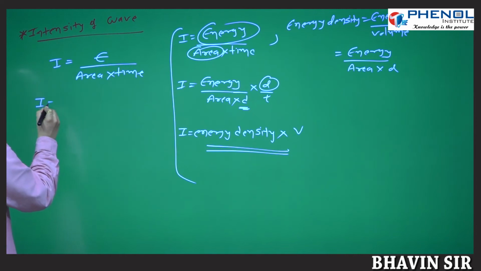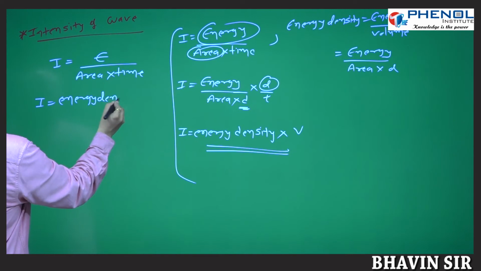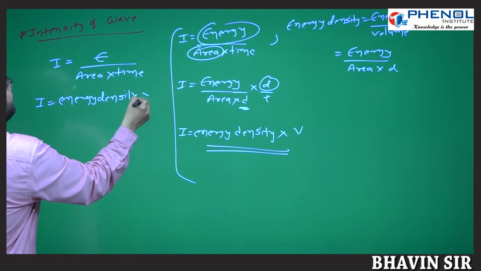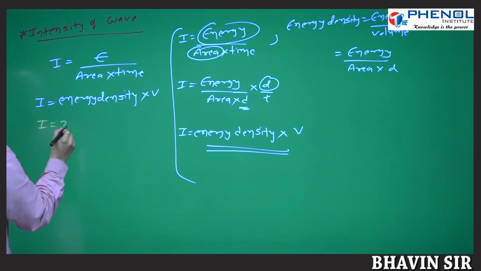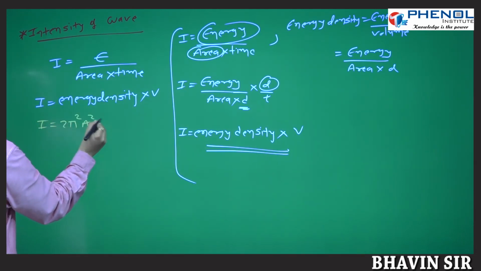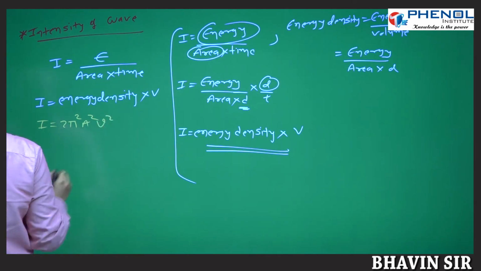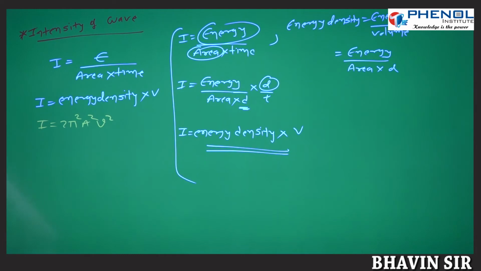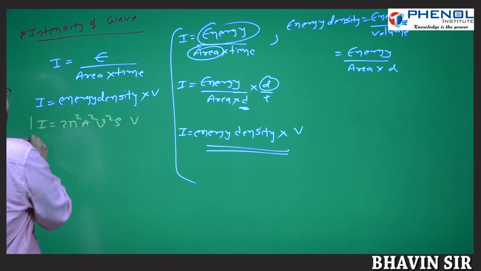What is the intensity? Energy density into speed of wave. And what is the energy density? 2 pi square a square nu square rho. Rho means density and here v.